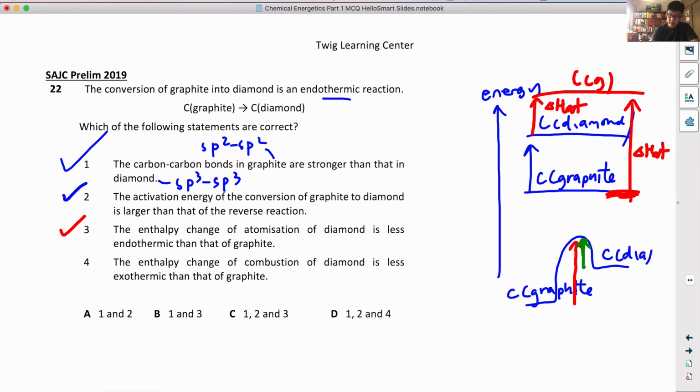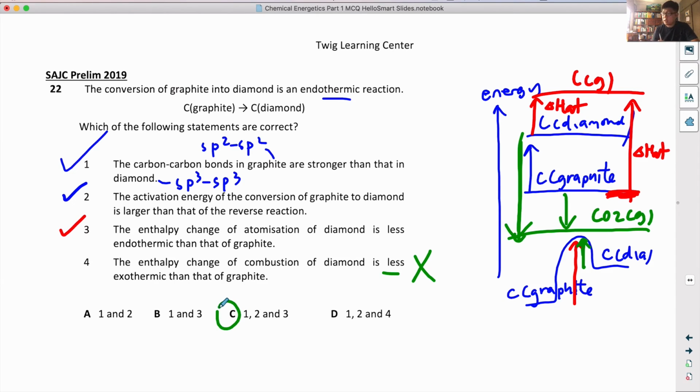If you look, diamond goes all the way down in combustion, and graphite goes down to become carbon dioxide gas. So combustion of diamond is actually more exothermic. They said less, so this is wrong. You can see that it's going down further. So the answer is 1, 2, and 3. So the answer must be C.